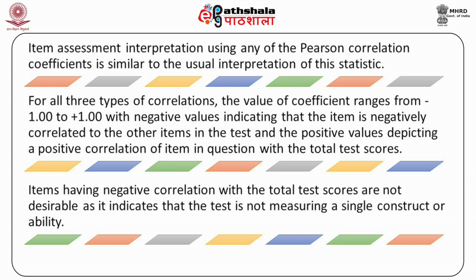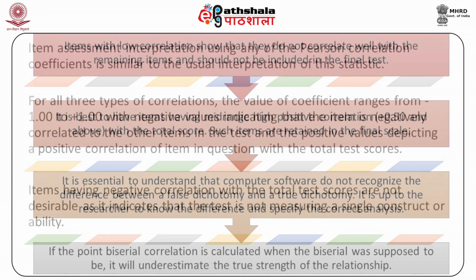For all three types of correlations, the value of the coefficient ranges from -1 to +1, with negative values indicating that the item is negatively correlated to the other items in the test, and positive values depicting a positive correlation of the item in question with the total test scores. Items having negative correlation with the total test scores are not desirable, as it indicates that the test is not measuring a single construct or ability.